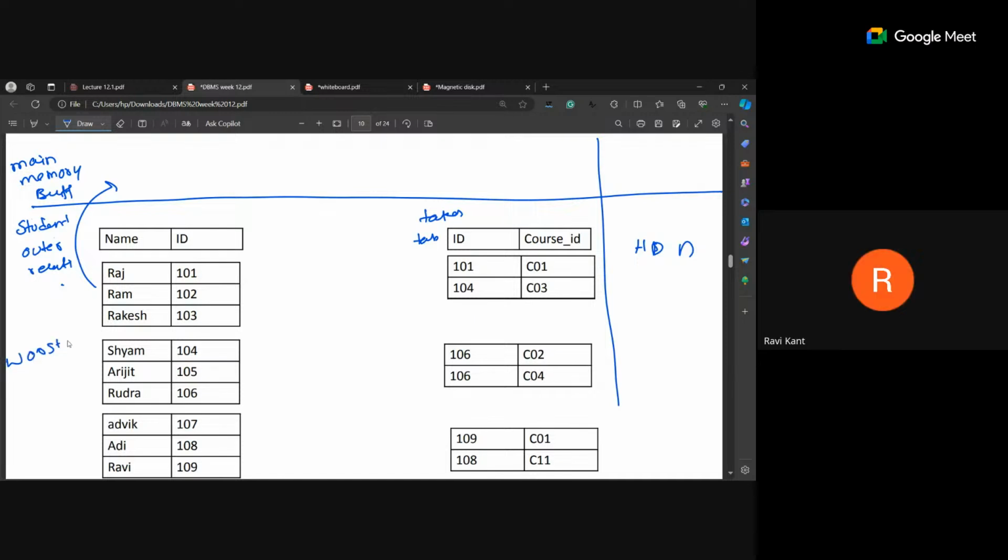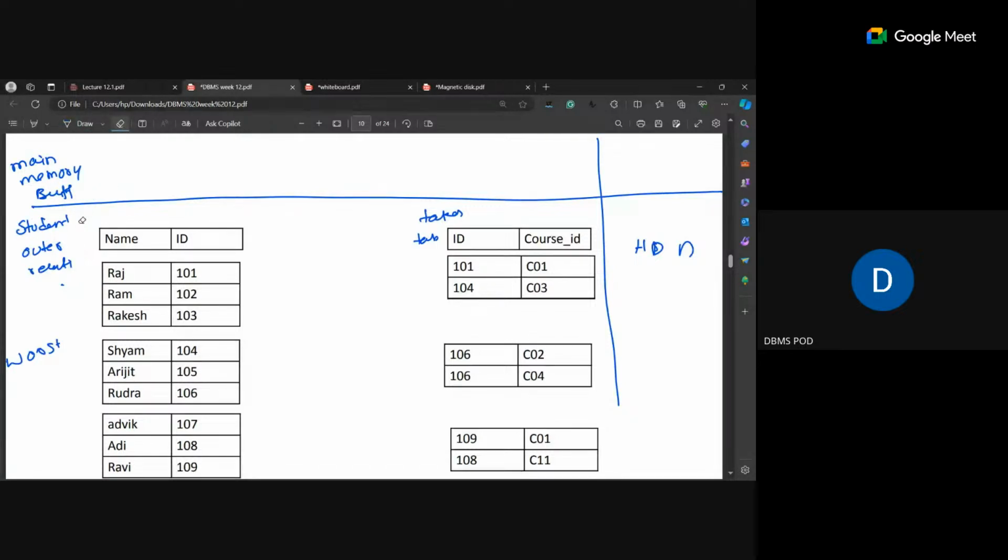Worst case means only one block of the outer relation and only one block of the inner relation can occupy the main memory or buffer. So if we are not talking about the worst case, then one complete relation can be stored in main memory. Yes, correct.